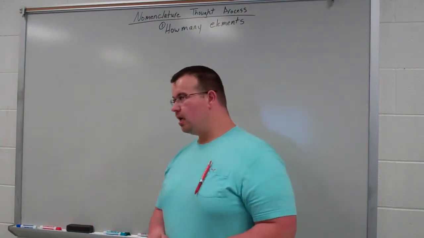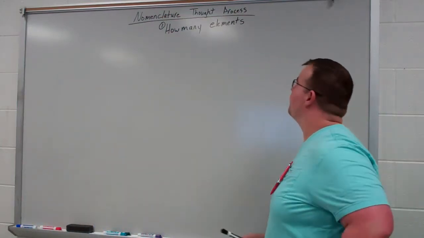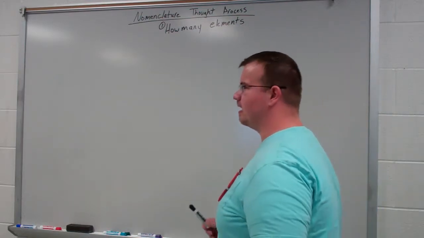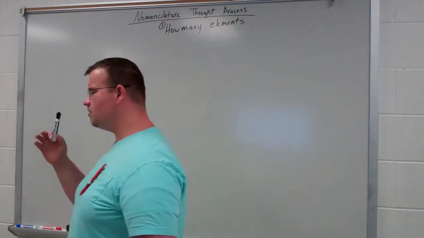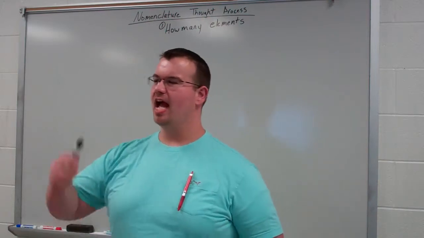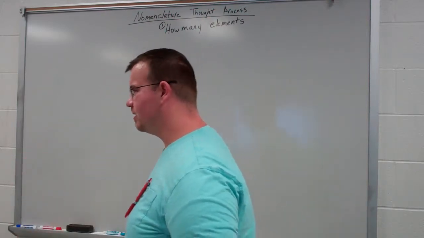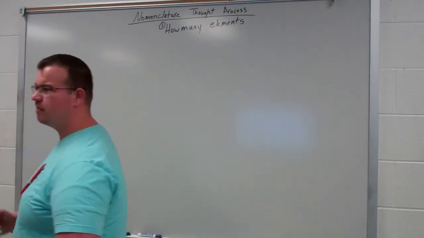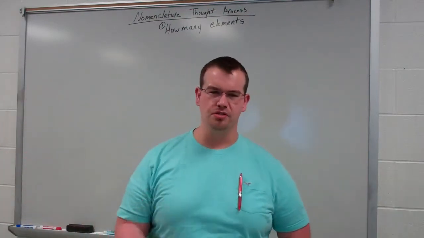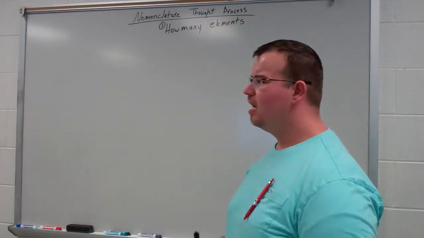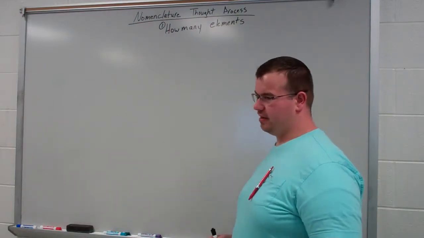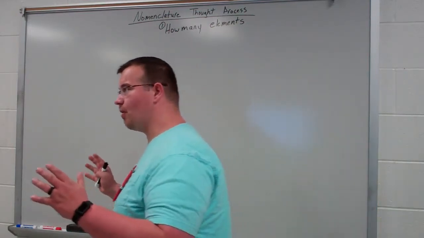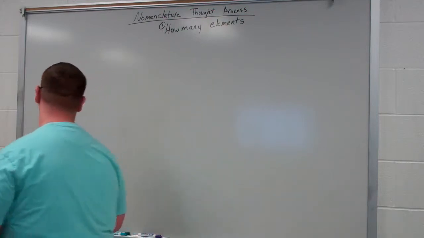So, nomenclature thought process. The first thing, this number one, is telling you the first thing you're going to ask yourself. How many elements do you have within that compound, that molecule, what you're looking at? So you're pretty much breaking it down into two situations.